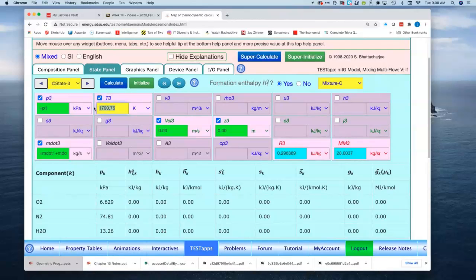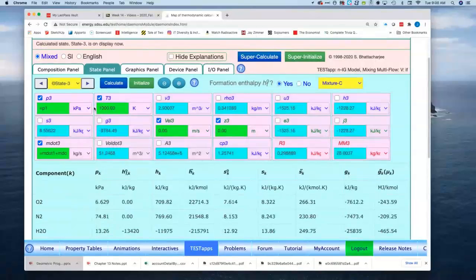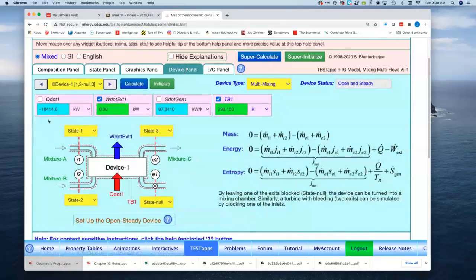And so let's say that we guessed that the temperature was 1000 Kelvin. And if I guessed 1000 and I did a super calculate, I go back to the device panel, I see that the Q dot is not 0. And so I would say, well, my temperature here must have to be a little bit higher.